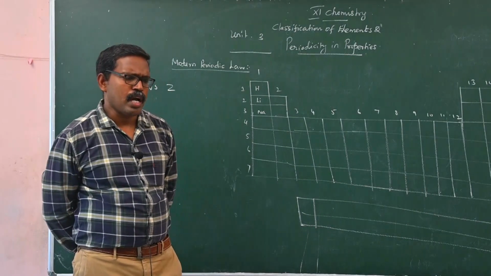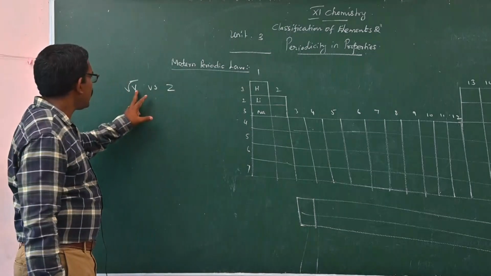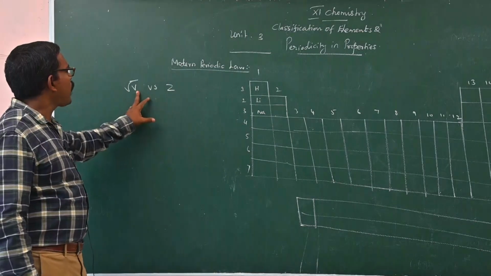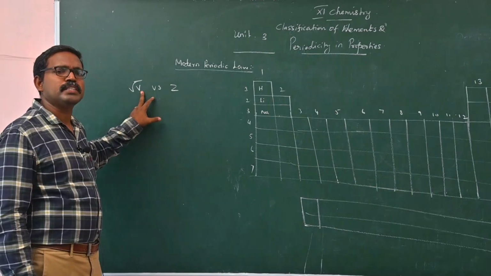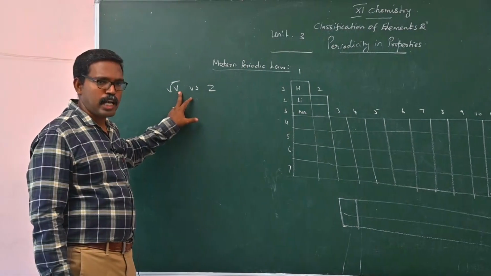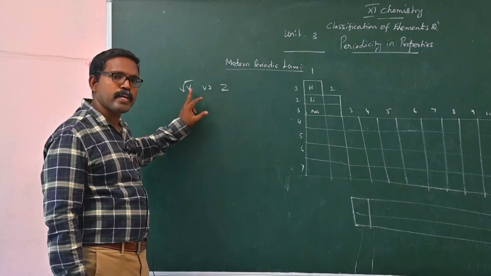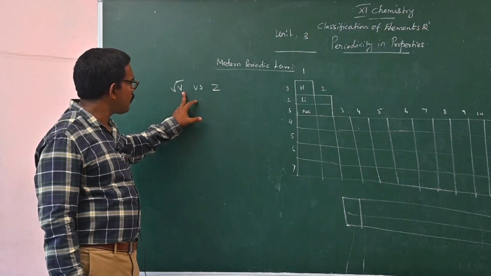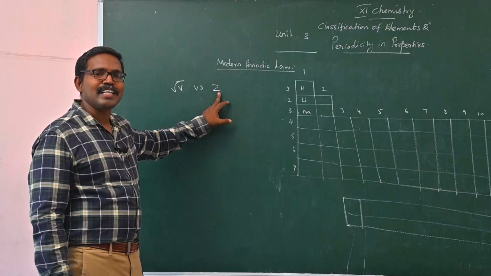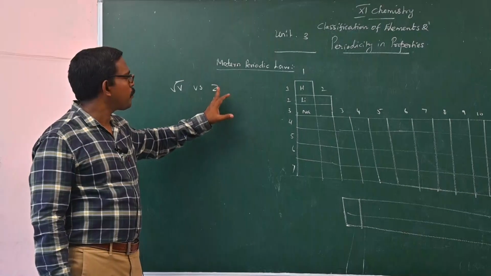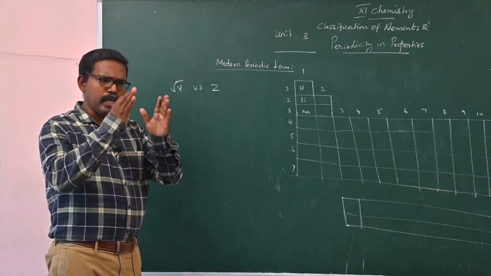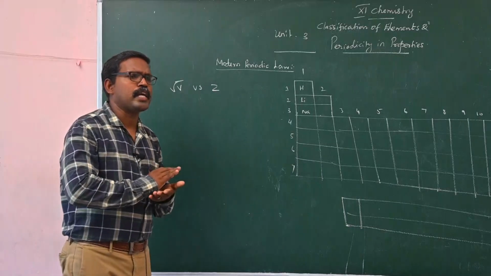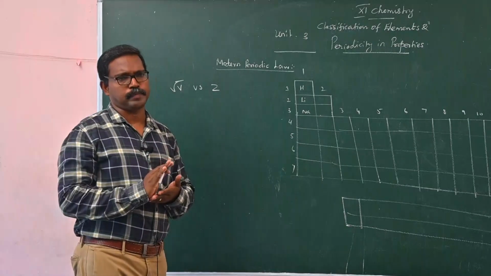In his experiment, he plotted the square root of frequencies emitted by various elements versus the atomic number of the particular elements. In this graph, he got a straight line.